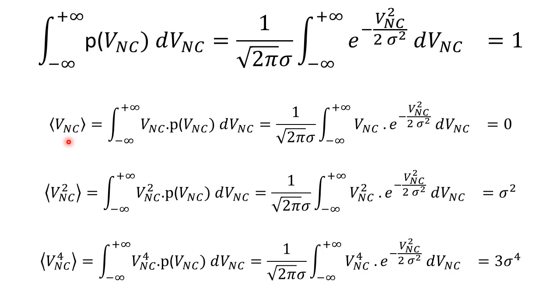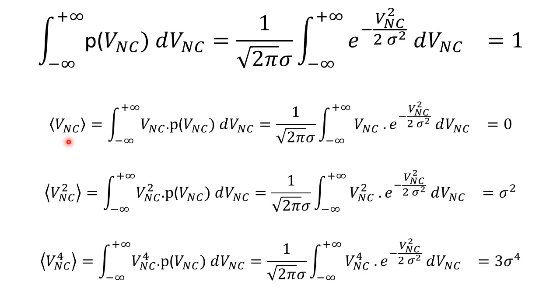Now clearly P(VNC) is a probability distribution function. Please understand what probability distribution means. I have got noise and I'm keeping a record of all these values of VNC in time. From my record, I can look at the chance that I got a particular value of VNC.